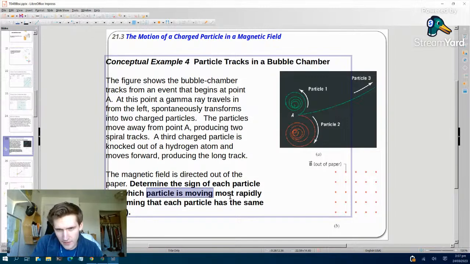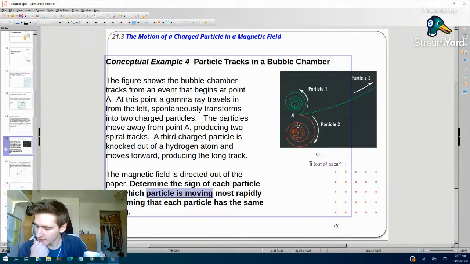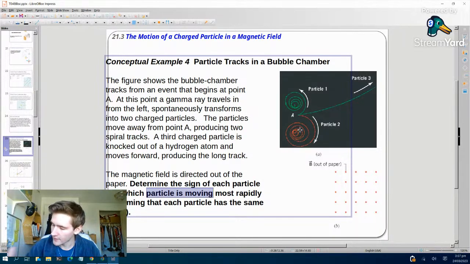No, this one has a bigger radius. Particle 2 has a bigger radius, which means that particle 2 would also be moving the fastest, because the force centripetal times the radius is directly proportional to the velocity. So the greater the radius, the greater the velocity, and also the greater the centripetal force, the greater the velocity.